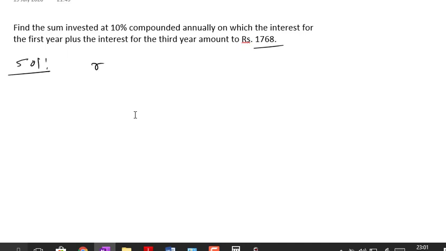Rate of interest is given, 10%. And the interest for the first year plus the third year is given as 1768. So I will say that compound interest for the first year, because interest is compounded, plus compound interest for the third year, this is given as 1768.